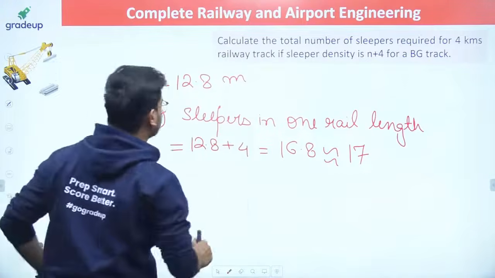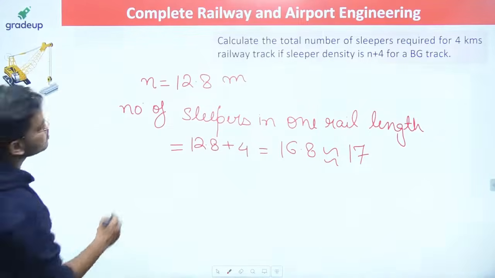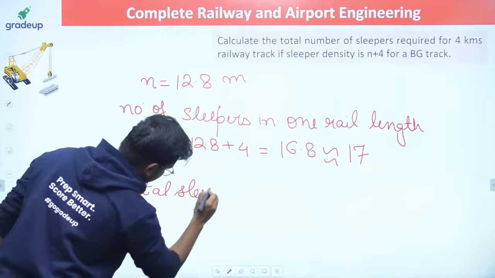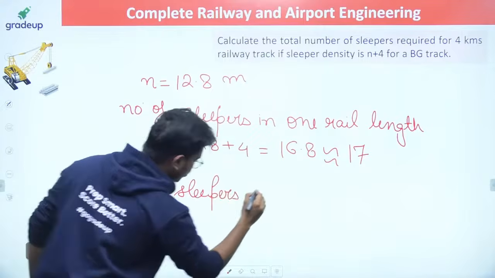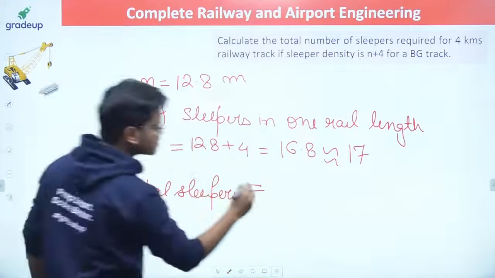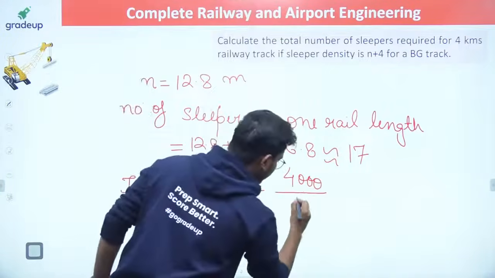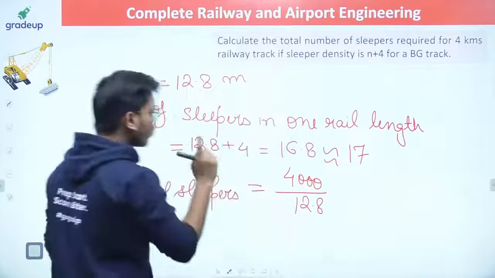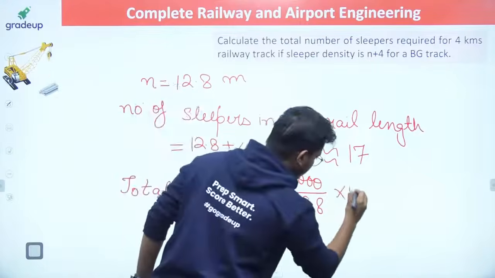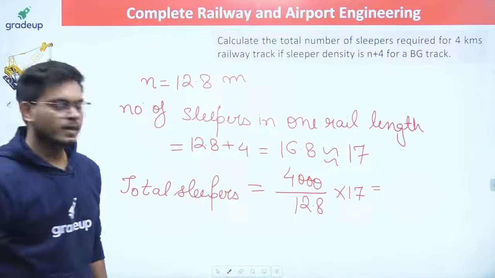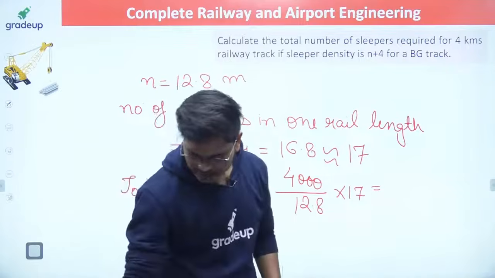The total distance is 4,000, one rail length is 12.8, and in one rail I am using 17. Answer in the comment box, please.